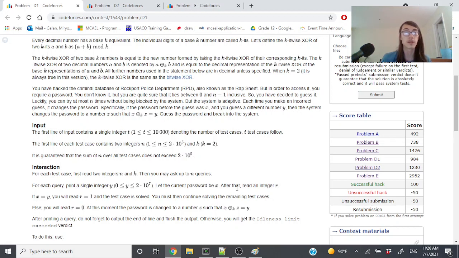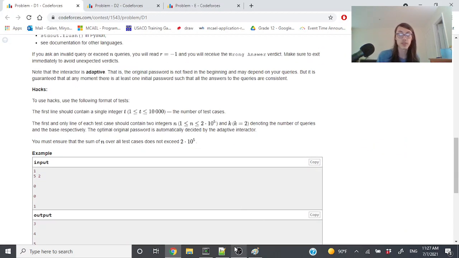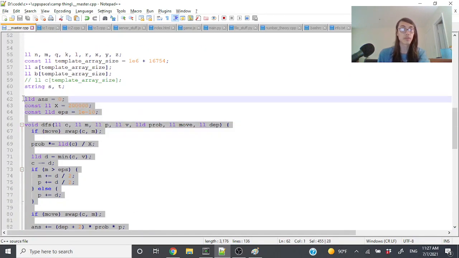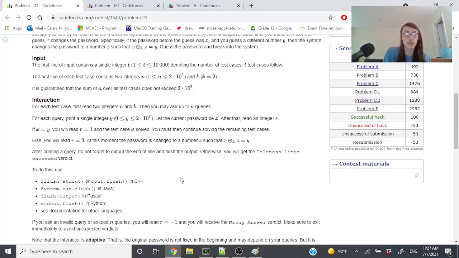Okay, so with bitwise, it's easy to check. Yeah, with bitwise, you just check everything and see how the answer changes. So that's simple. I guess we can code this right now.